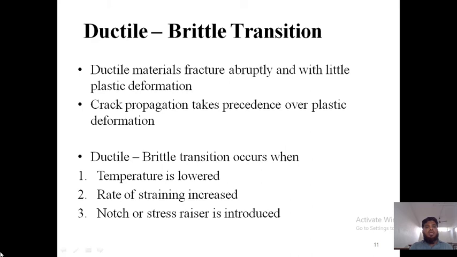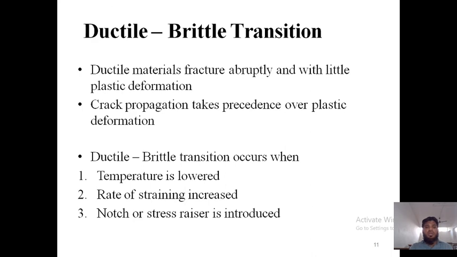Next is notch or stress riser. What are notches and stress risers? If there are some cracks inside the material, or small holes, especially elliptical holes, those small edges or small cracks will behave as stress risers. A stress riser is a point where the stress easily increases. Even if you apply a small amount of stress, because of that concentration, it will feel that it can easily break at that point.